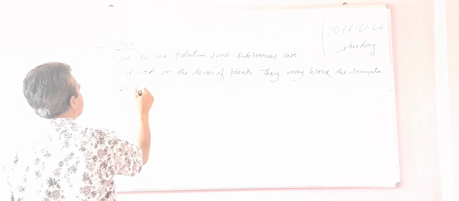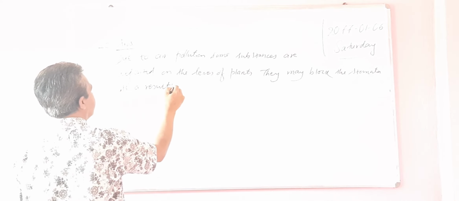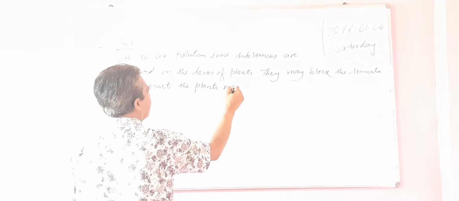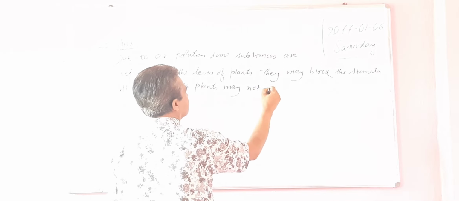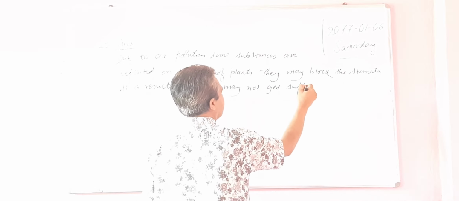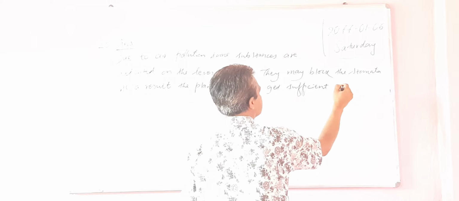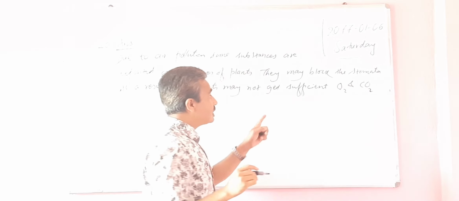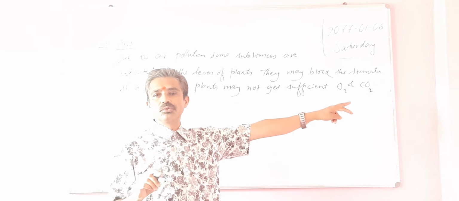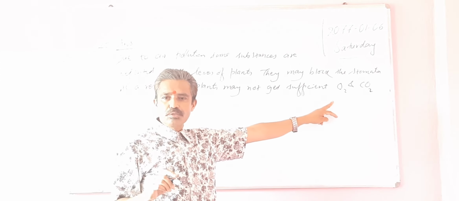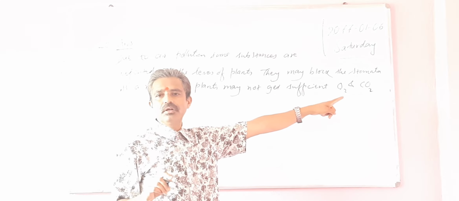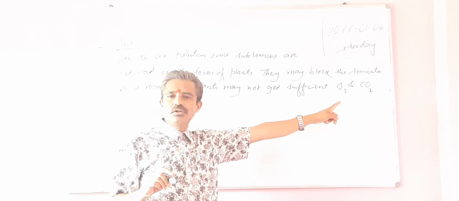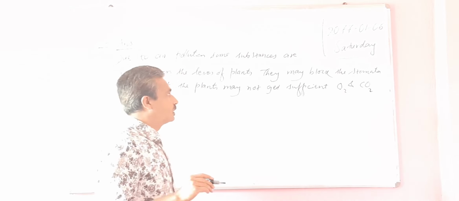As a result, the plants may not get sufficient O2 and CO2. Remember here, plants need O2 as well as CO2. They need O2 for respiration, they need CO2 for photosynthesis. For their growth, oxygen also needed, carbon dioxide also needed.